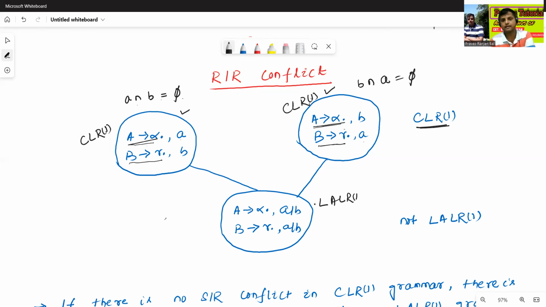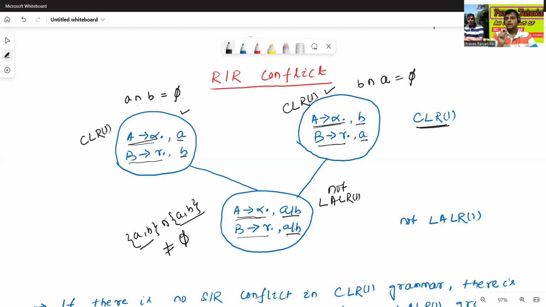Merging the lookahead parts gives A slash B and A slash B. But see, A comma B intersection A comma B does not equal phi. So that's why here it is not LALR1.